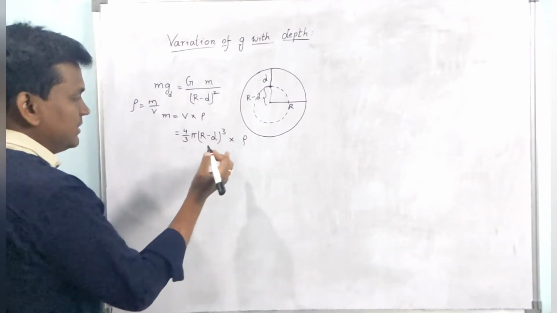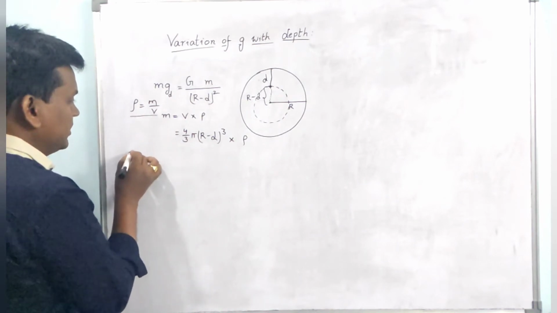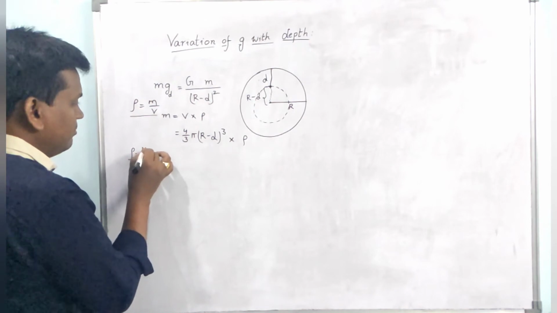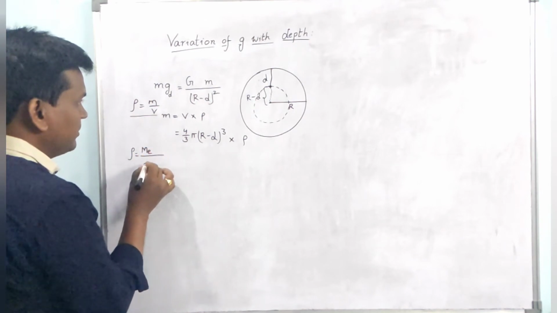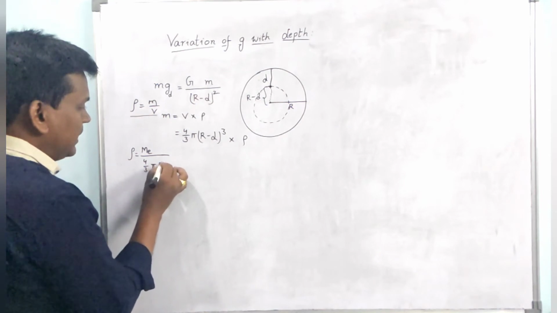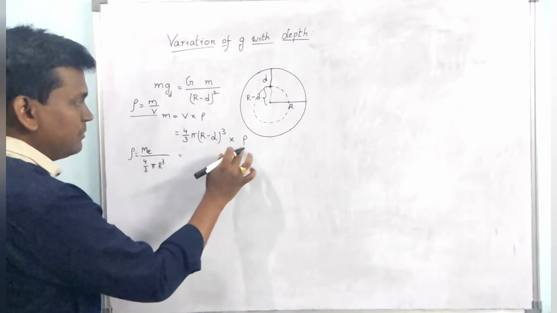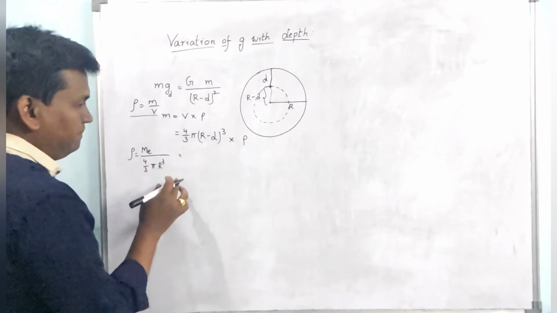And for this density, we can write density equals mass upon volume, so density equals the mass of the earth, Me, by volume 4 by 3 pi R cube. So this I am applying here.